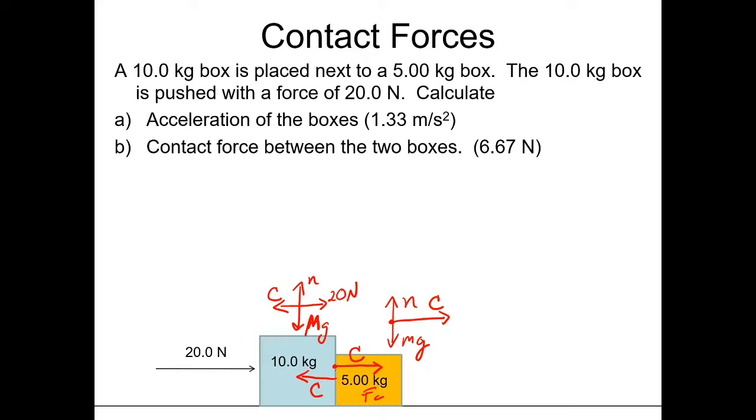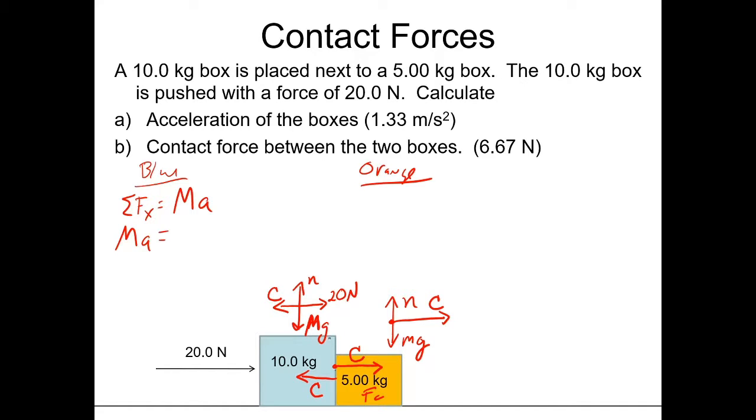Well, let's set it up. Let's look at the blue box separately from the orange box. And we're only going to worry about the x direction, because it's not going to move vertically. We're just pushing them horizontally across a floor or something.